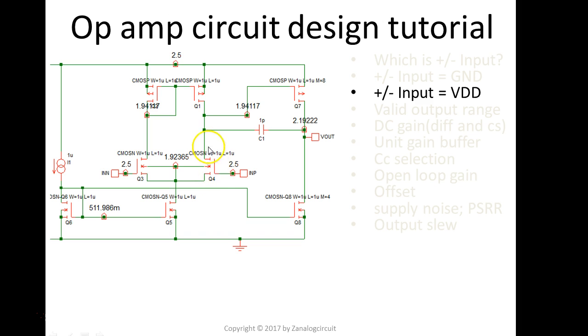So for the same amount of current, the current is always the same, the overdrive is going to be more. Which means if we keep the gate voltage the same, I'm going to push the source lower in terms of the voltage. Therefore, you can split up the drain and source voltage here.